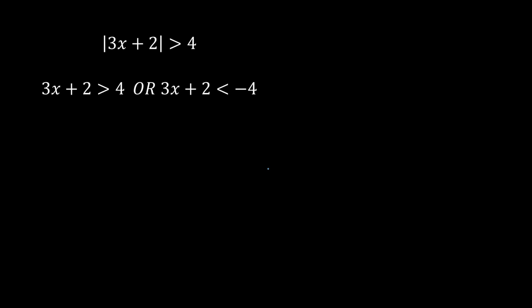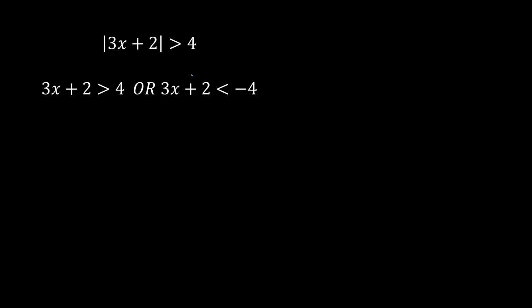So the first case is identical. The second case is going to be changing this inequality from a greater than to a less than, and then from a positive 4 to a negative 4. So that's really the only difference, is we have to change the greater than to a less than. So that's for our second case. First case is identical to the initial. The only difference is we're just taking out the absolute value sign.